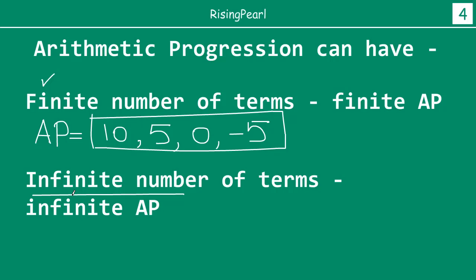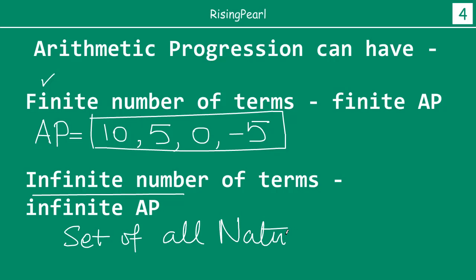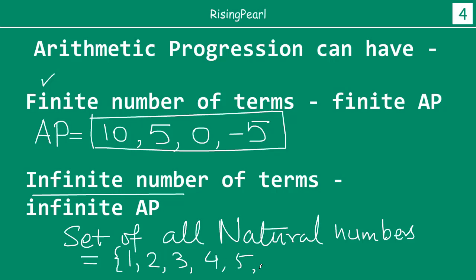What is an example of an arithmetic progression with an infinite number of terms? How about the set of all natural numbers? You know the natural number set starts from 1, 2, 3, 4, 5 and goes till plus infinity.